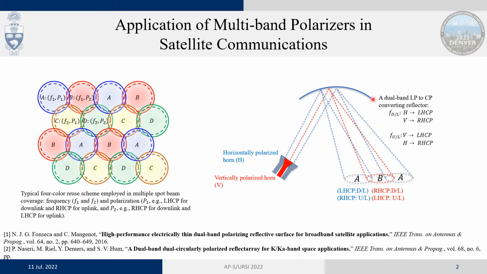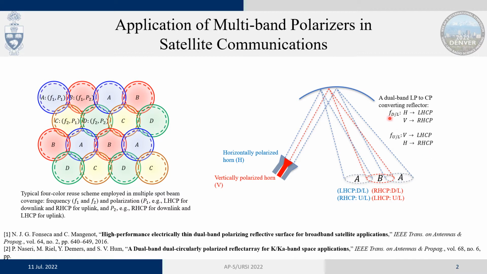Conventionally, to generate the four colors of this scheme, we would need four different reflectors. However, if we can design a dual band linear polarization to circular polarization converting reflector, then we can only use two reflectors to create these four colors. However, the polarizing reflector has to convert each linear polarization to orthogonal circular polarizations in the two bands.